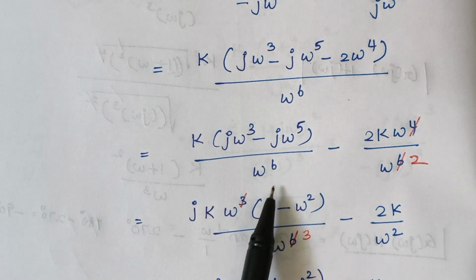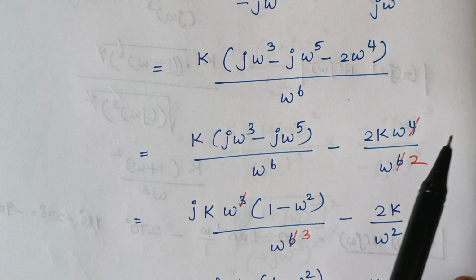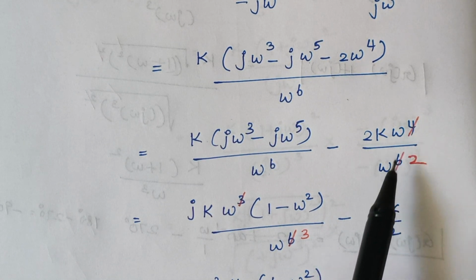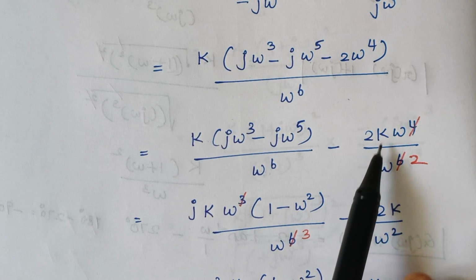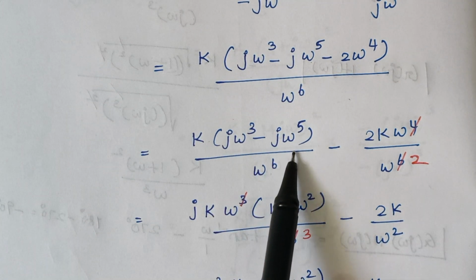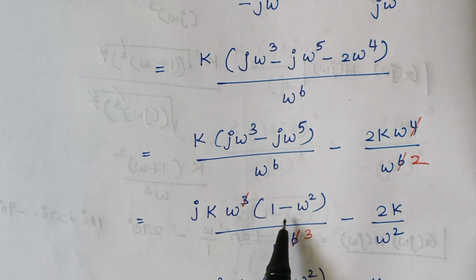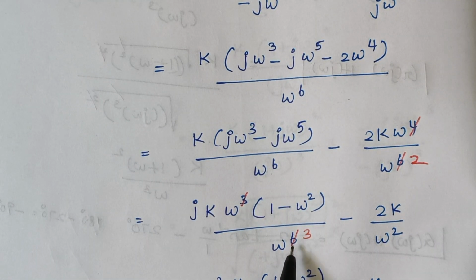So when I separate the real and imaginary terms, our expression is like this. Right. And now here omega to the power 4 and here omega to the power 6. So these two get cancelled and finally here I will be having minus 2k by omega square. Right. In this case here I am taking j omega cube commonly outside. So the remaining term will be 1 minus omega square and this denominator term comes here as such.